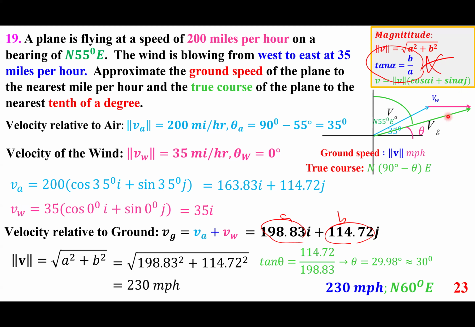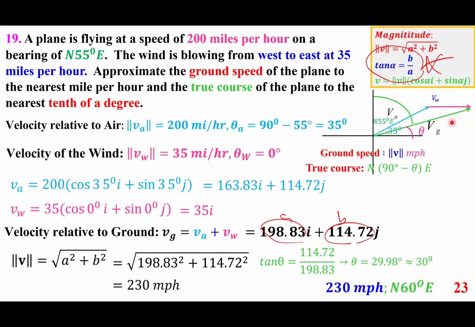So you find the components of the vector for the plane as it's flying and the wind, and then you add up their components, and it becomes the components of the new vector, the ground speed, the real speed, if you will.